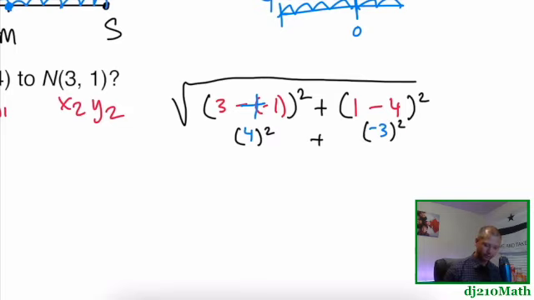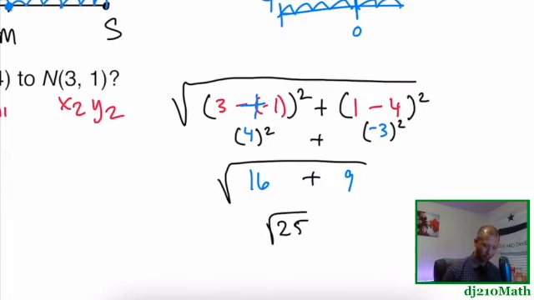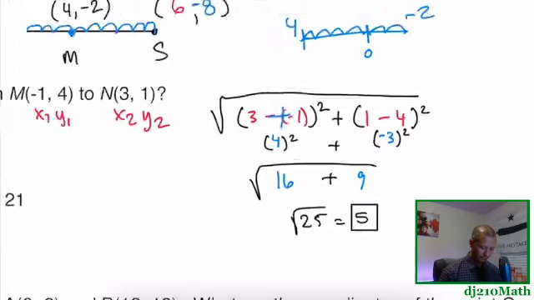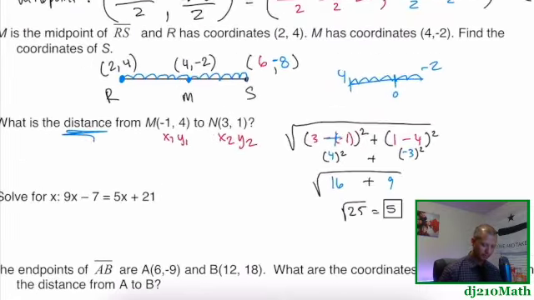And all this is still inside the square root. So 4 squared, 16, plus -3 squared, which is 9. And this is all inside the square root. 16 plus 9 is 25. Again, the square root of 25 is 5. So the distance is 5.